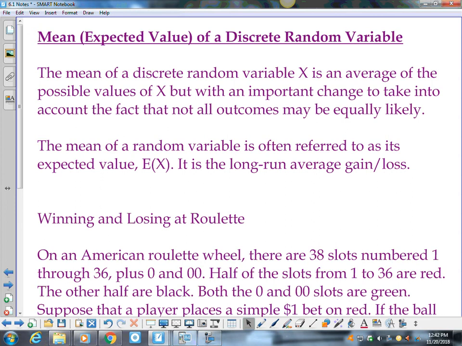Do not sit here and figure out your GPA. So it's all weighted. Well, guys, all these x's have a weight to them. They have a probability. So to find your expected value, you need to take into account the weight. So how would you find your GPA? What would you do?